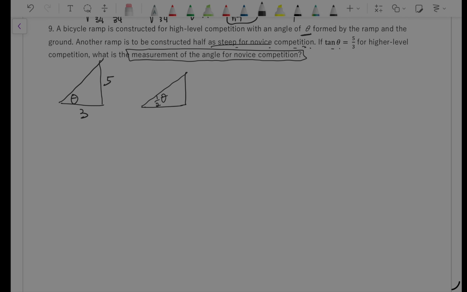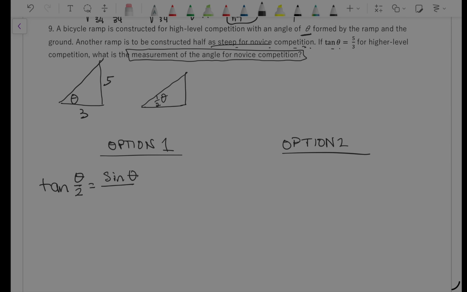We definitely have multiple options for this. Option 1: tangent of theta over 2 is equal to, and we use our formula, sine theta over 1 plus cosine theta.